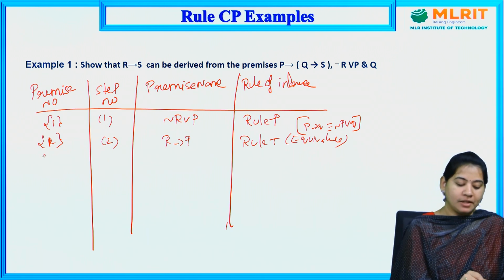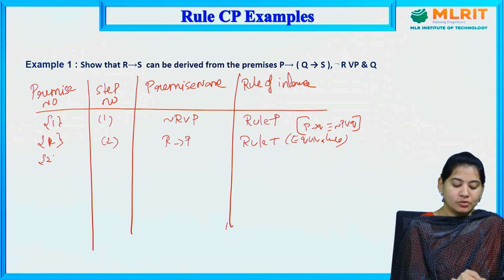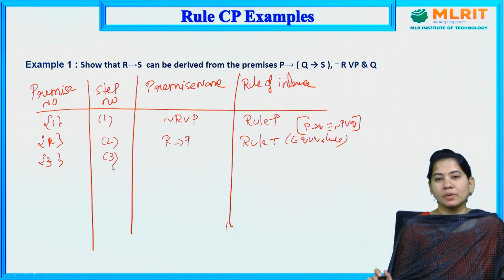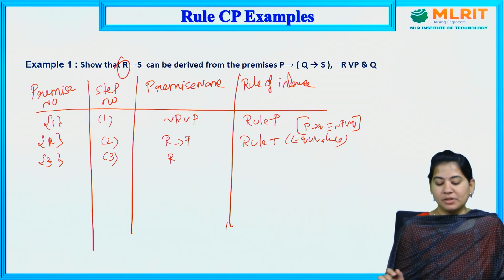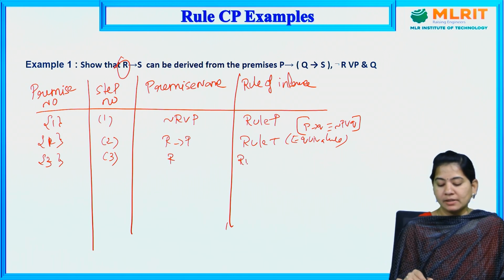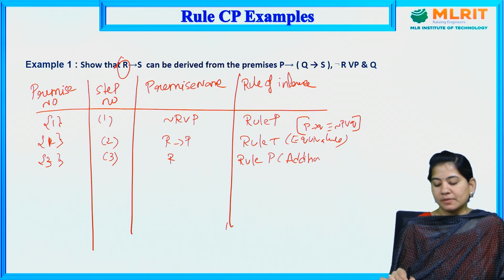Next, the premise number is 3 and step number is 3 here. The premise you can include is the additional premise, and you can write it as R, rule P, and this is called additional premise.